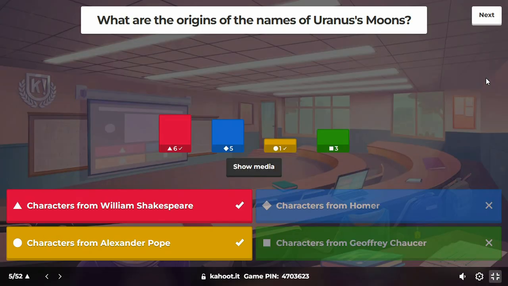They are from both Shakespeare and Alexander Pope, so they're from English poets. A lot of solar system stuff is named after Greek or Roman mythology, but Uranus and its moons were discovered later, and so they're named after English poetic characters.